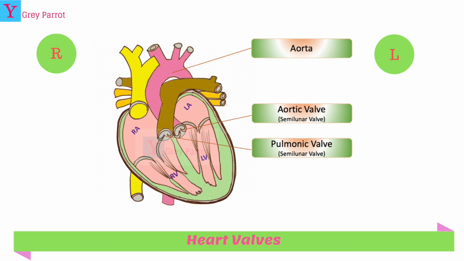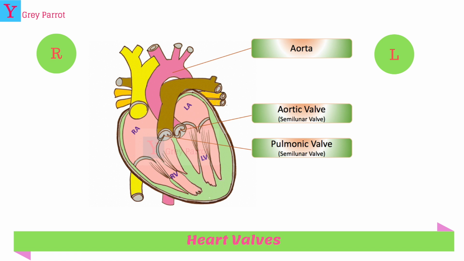Now let's look at the second most important valve, the aortic valve. Our left atrium and left ventricle are responsible for processing the oxygenated blood, and they will send it to our aortic valve, and the aortic valve will send the fresh oxygenated blood to our aorta, and our aorta will send it all over our body.